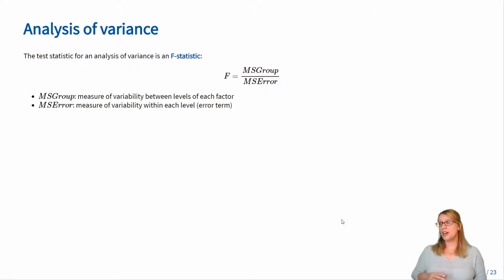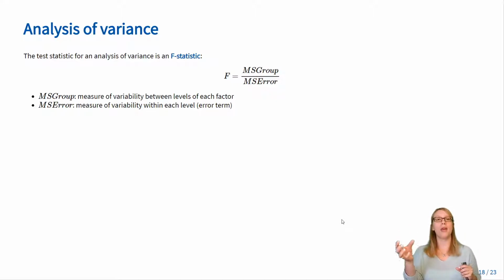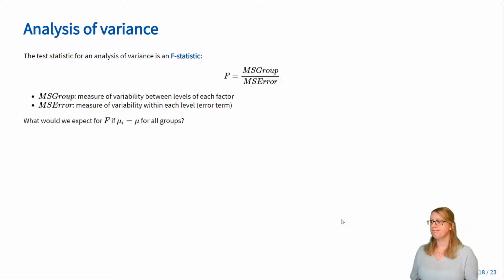The mean squares attributable to the group, or the MS for group, is a measure of the variability between the different levels of each factor. So the variability within group A compared to the variability of group B compared to the variability of group C, for example. Then the mean squared for error measures the leftover variability, what's not explained by the grouping.